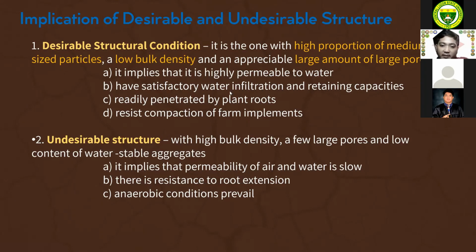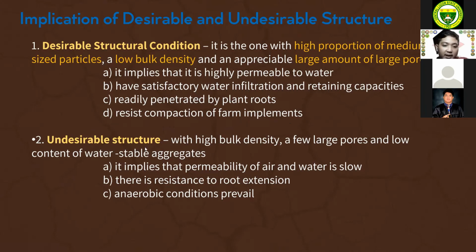Readily penetrated by plant roots, so that the roots can easily penetrate. So there is no root impedance na nagaganap. Then resist compaction of farm implements. Dapat even though yan ay daanan ng mga mabibigat na machine or farm implements, kaya niyang ma-resist yung compaction. Dapat bumabalik siya sa dati niyang structure.